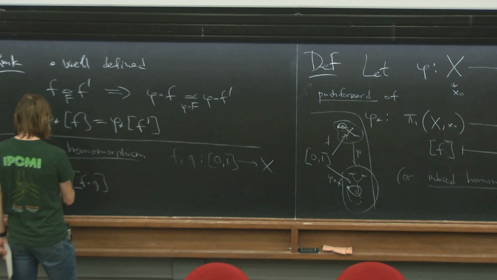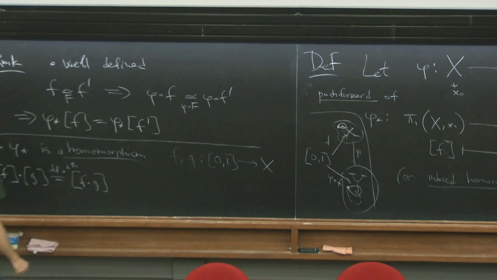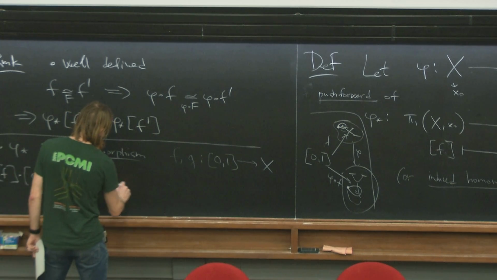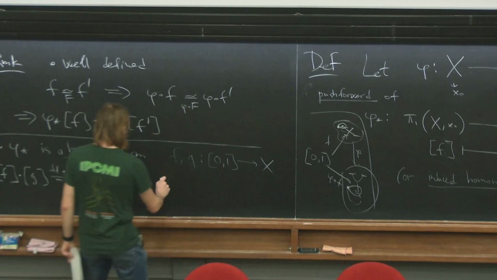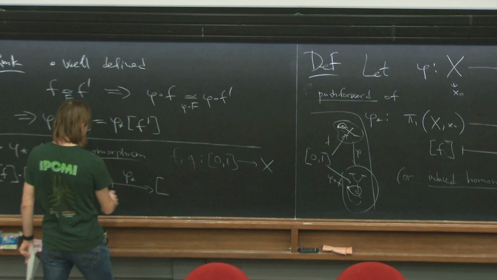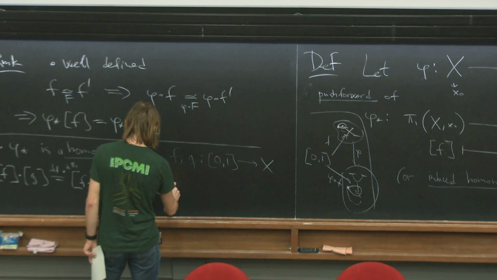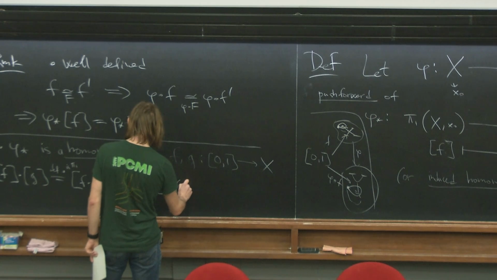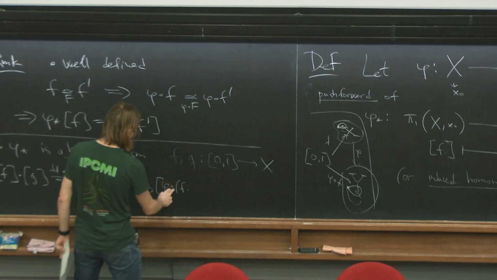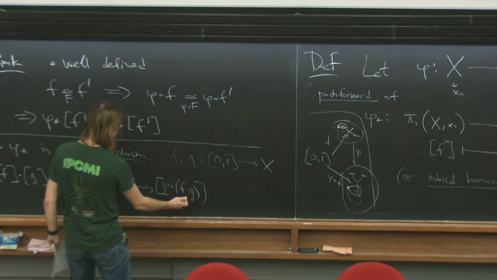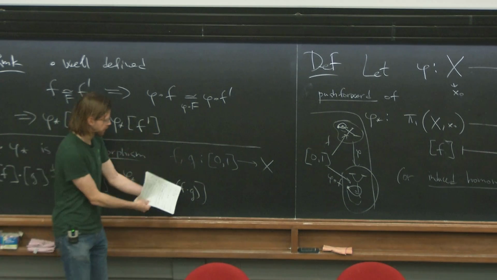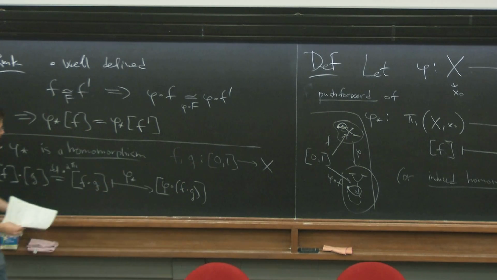This is just the definition of product in pi 1. And then we apply to it our push forward, which by definition sends this to a composition of phi with it. Here it is a composition of functions, and there it is a composition of loops, a concatenation.